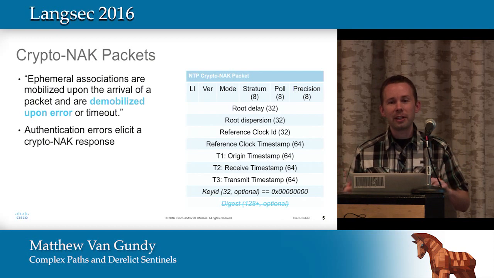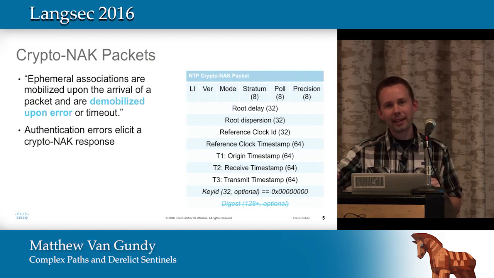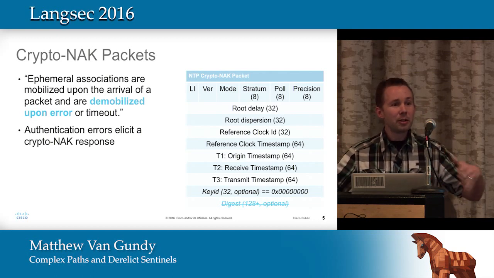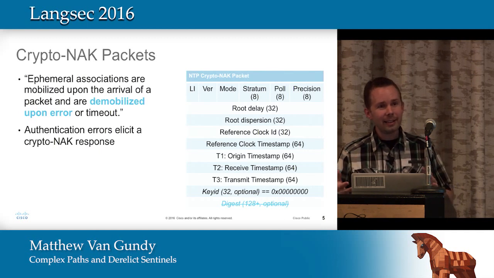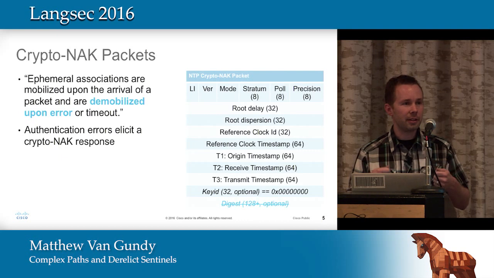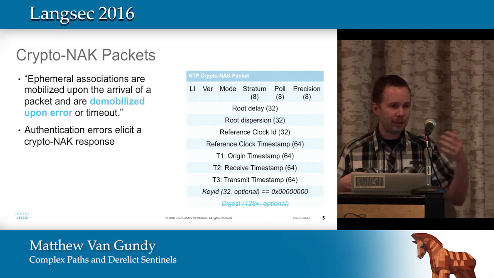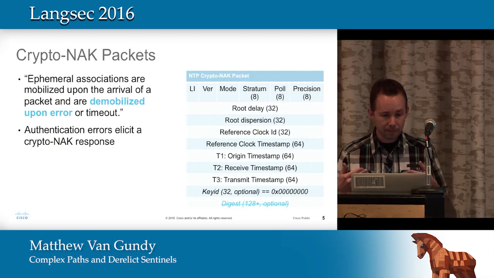An ephemeral association means that when an NTP gets a packet from a machine that it doesn't recognize, it has the potential to set up a new association and synchronize time with that system. Luckily, by default, those packets are required to be authenticated, which means you have to share a cryptographic key with the system that is receiving that packet in order for it to set up that association.